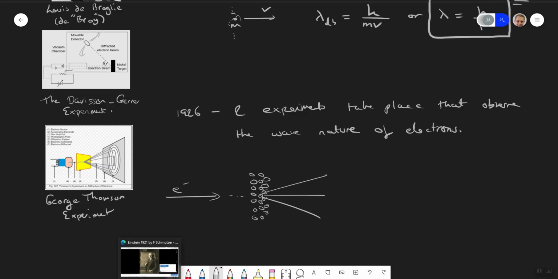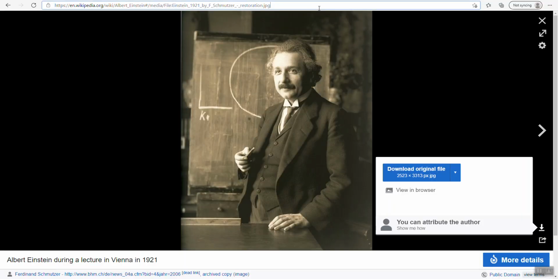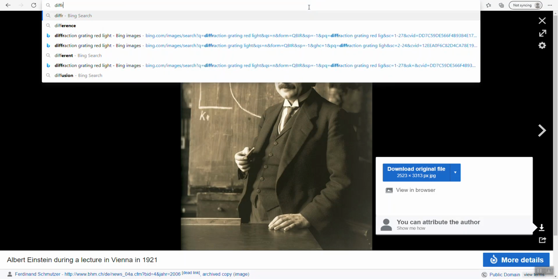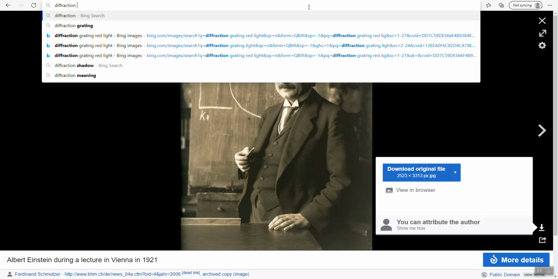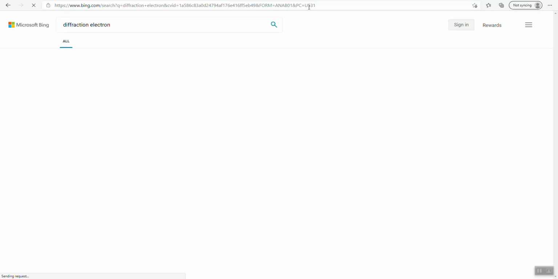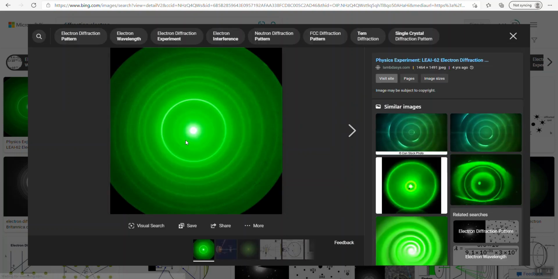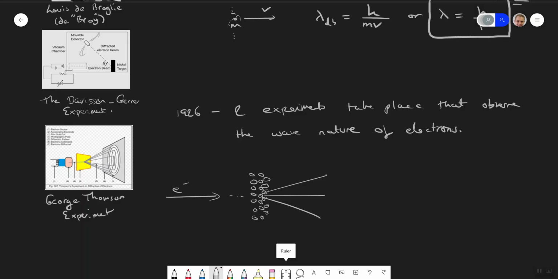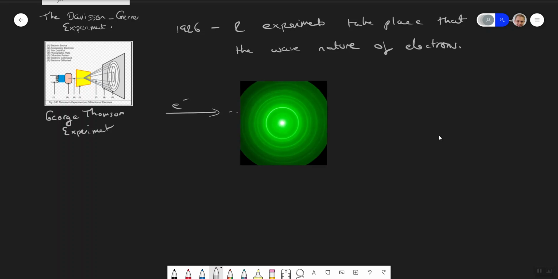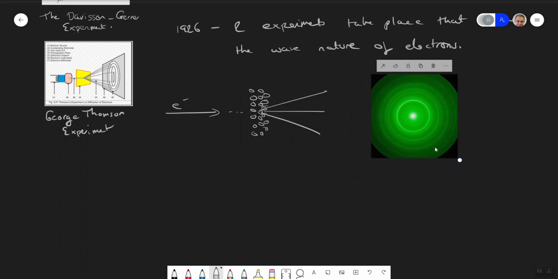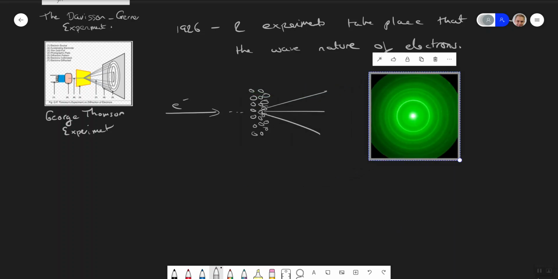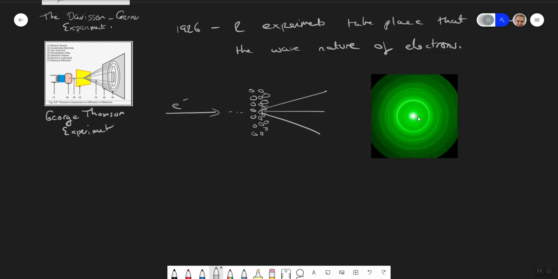And what I meant to put in is an actual copy of this. Okay, so they come out looking like this. So what we see very clearly is a central maxima, and then we've got these rings.